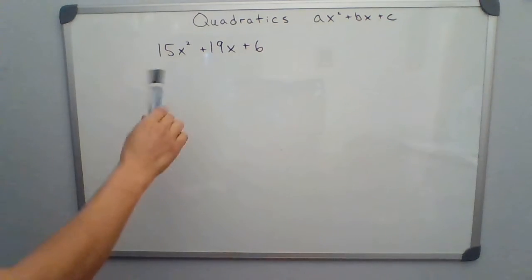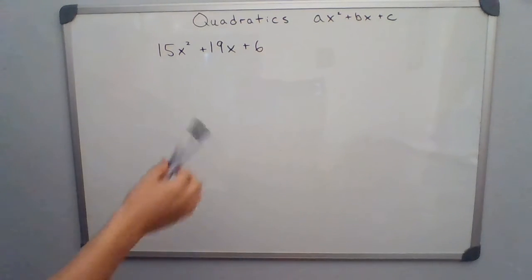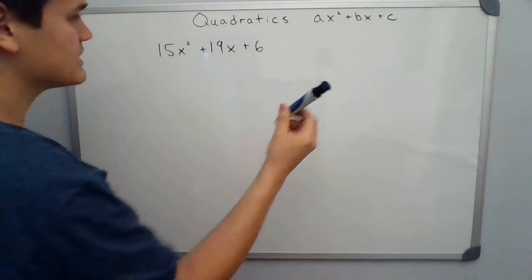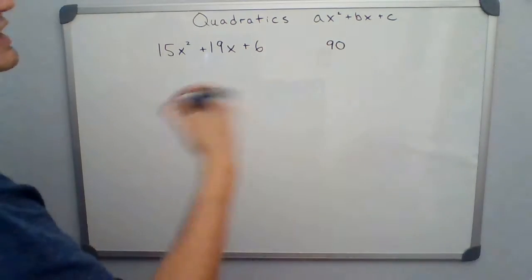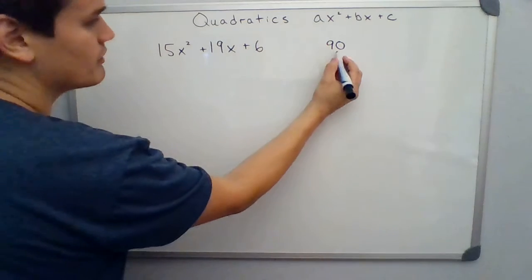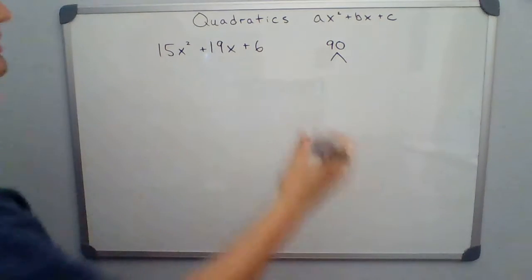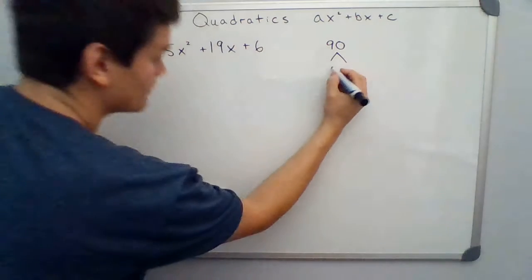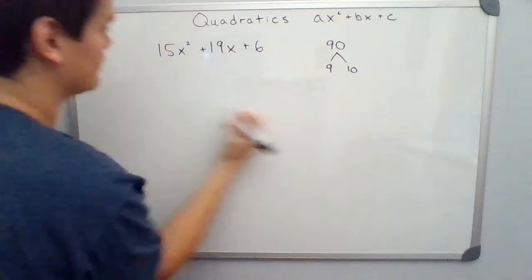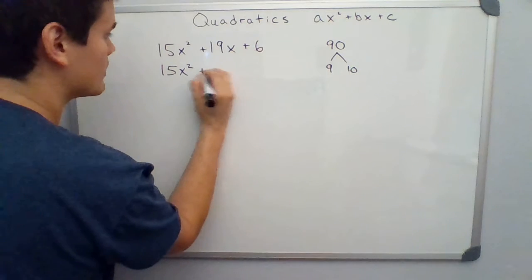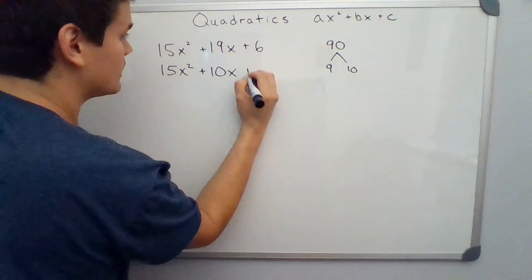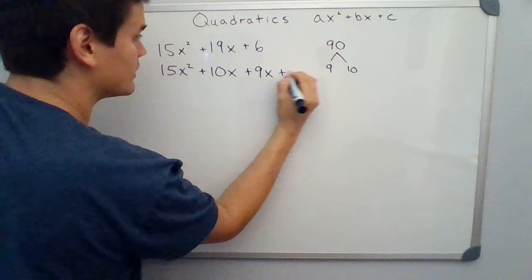This is a pretty easy example when you see it, because we're multiplying 15 by 6, and that's going to be 90. What factors of 90 sum together to give me 19? 9 and 10. So it's going to be 15x squared plus 10x plus 9x plus 6.